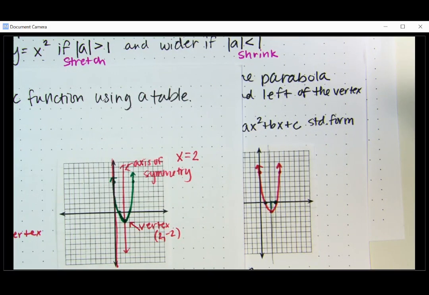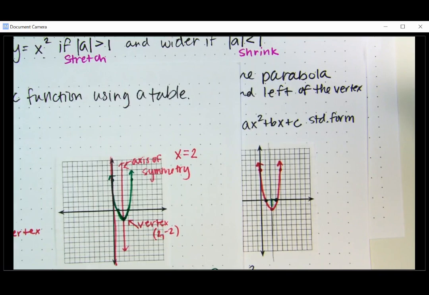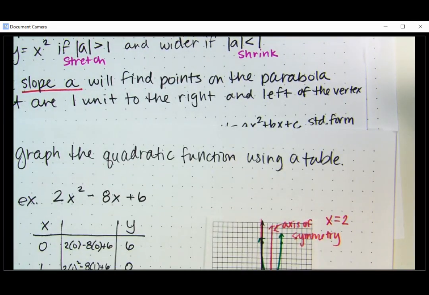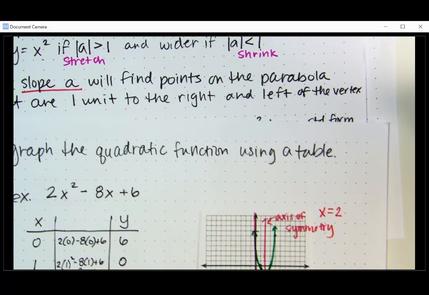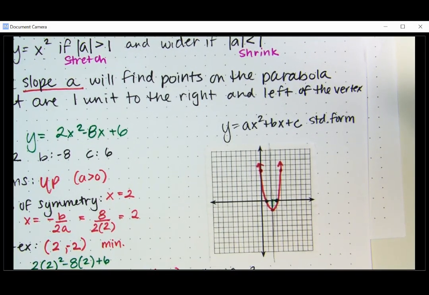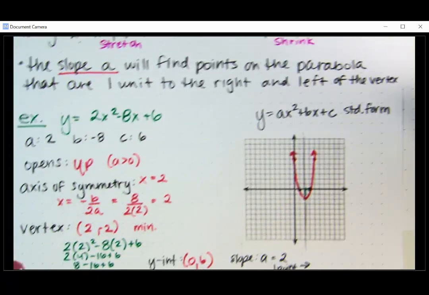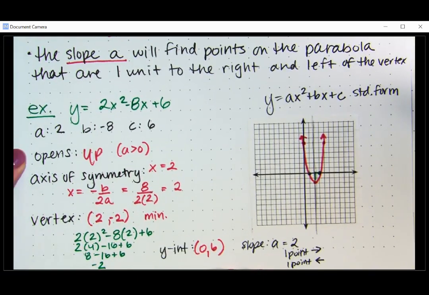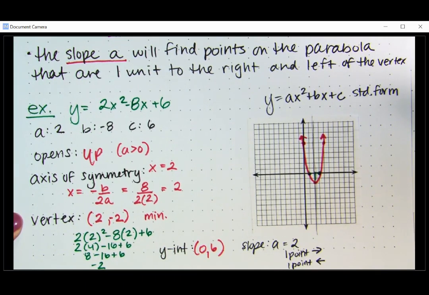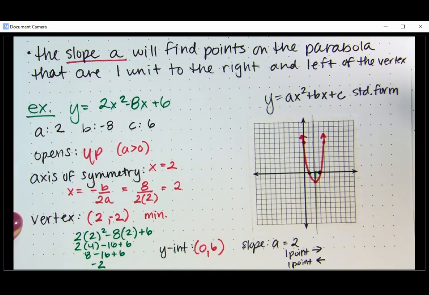We just went about it a little bit differently. Now if you feel like, well, that was a lot more work, I might as well just do everything from a table. That's okay. Just know that you will need to be able to identify all of these pieces anyway. So if you're having to identify all of this information, it might be faster to just graph it based on this information. Use a table if you have to.